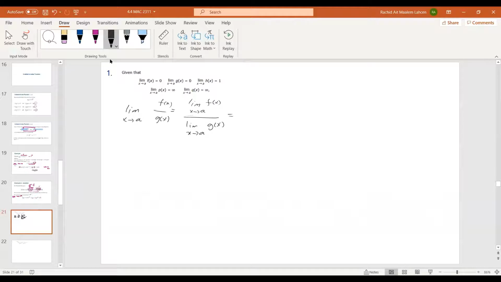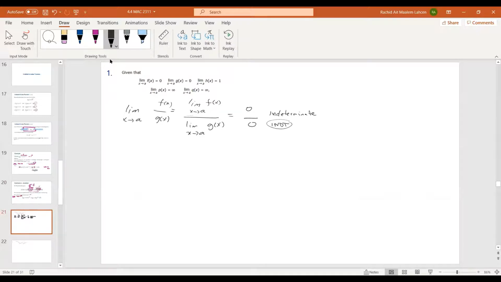The limit of f of x is 0, and the limit of g of x in this case is 0. So this is an indeterminate form, and I'll probably just do something like this for abbreviation, indeterminate form. So you pick indeterminate, or you type indeterminate form for this one.